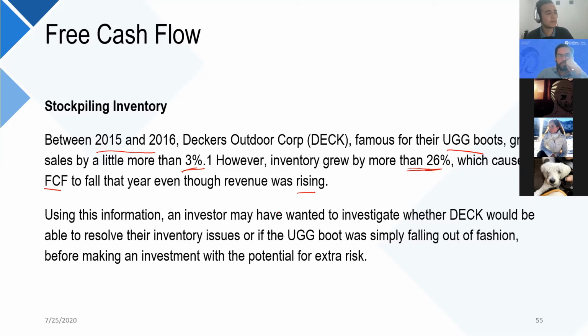So using this information, as an investor you will go to your balance sheet and compute their cash conversion cycle with their inventories, and then maybe conclude that this is not such a good company, because even though they are selling a lot of boots, they just stockpile inventory, because maybe this type of product just stops selling. So that's another analysis.